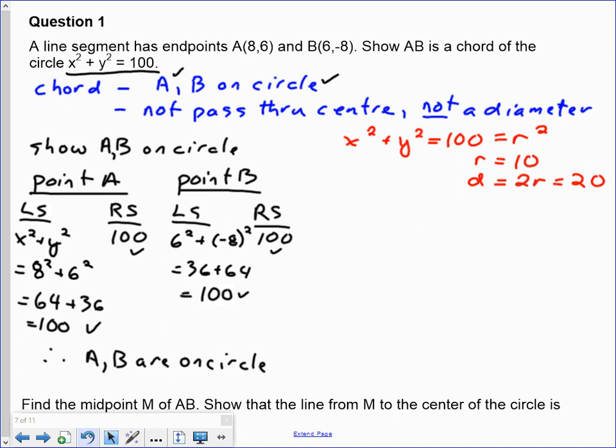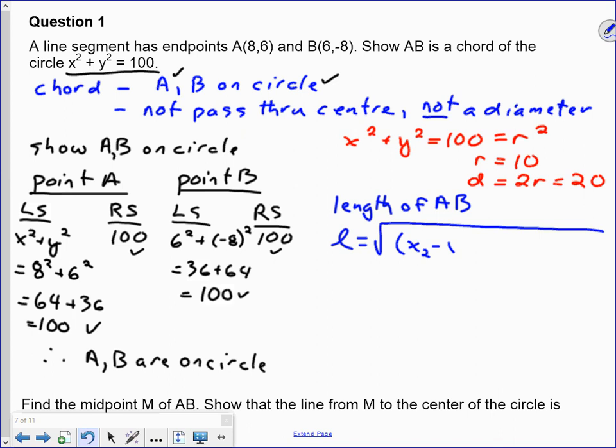Let's find the length of AB. To do this, we're going to use our length formula that we've been working with: the square root of (x2 minus x1) squared plus (y2 minus y1) squared. We just have to label our points, x1, y1, x2, y2, and sub them in and find the length.